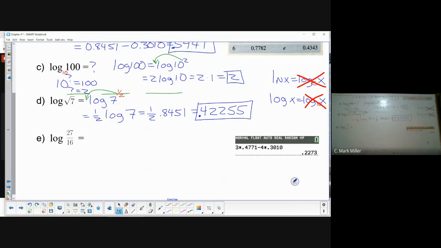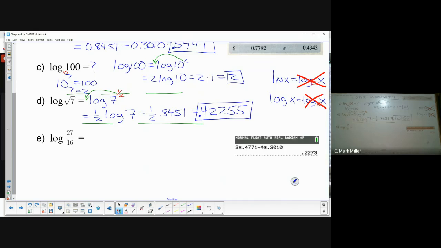Now, all of these you're doing just off that table. The purpose of this slide is to familiarize you a little bit with the properties of logarithms, that the log of a product is the sum of the logs, the log of a quotient is the difference of the logs, etc. This one, okay. Log 27/16. All right.